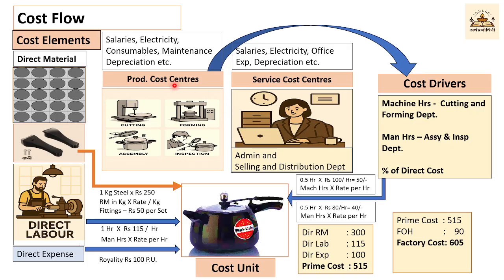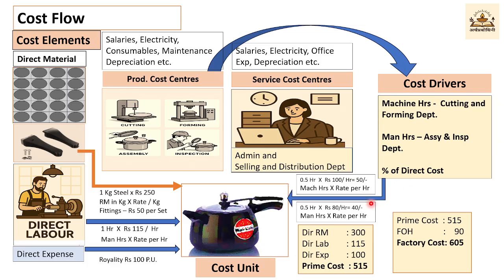For the machine center, the cost driver is machine hours, means how many machine hours run is the driver of the machine center. Similarly, for the manual centers, assembly and quality, it is the man hours. So the cost incurred in the machine center divided by the total machine hours gives you the machine hour rate. Similarly, the cost incurred in assembly and inspection divided by man hours gives you the man hour rate.